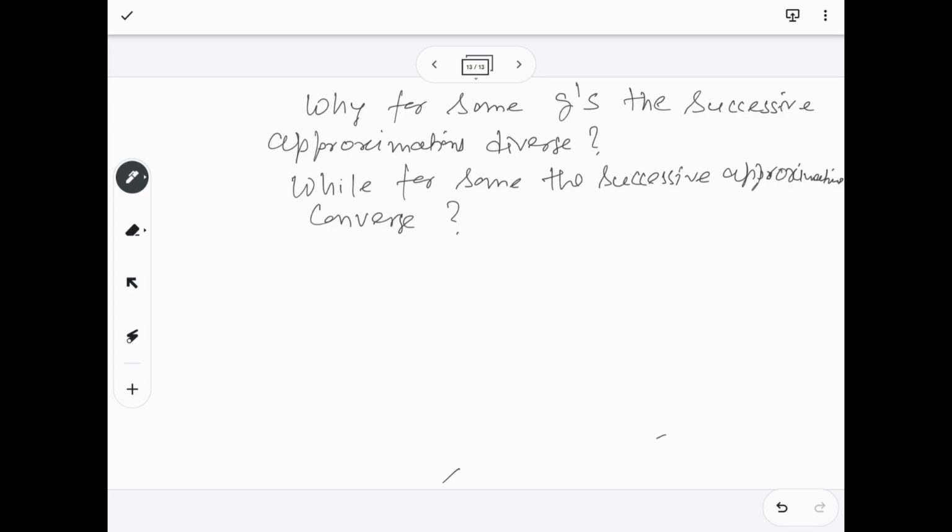Now, in order for successive approximations to converge, let us find out that condition. So let us say that G and G prime, that is the derivative of G, both are continuous in some interval.